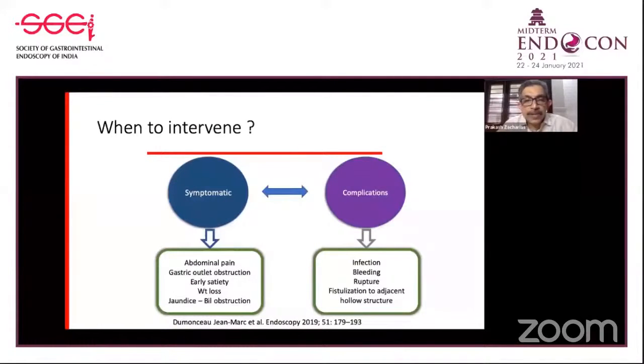Not all patients would require endoscopic therapy, but if one is symptomatic or if someone has complications like infection, bleeding, rupture, or fistulization to adjacent structure, then you would require intervention. If someone is having severe abdominal pain or pressure effect on surrounding structures causing symptoms, they would require intervention.